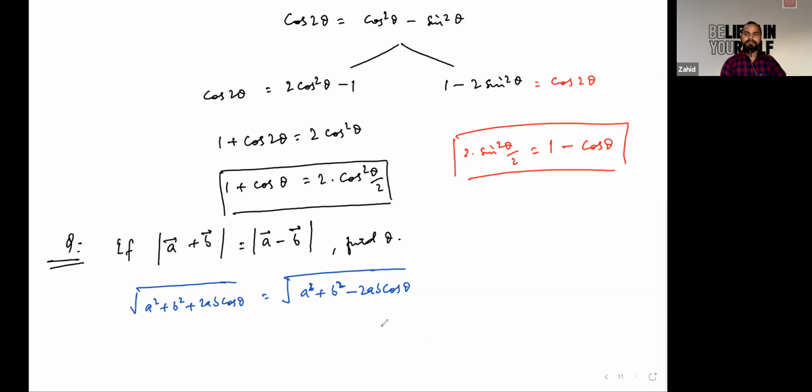Should I solve this? Or are you all solving? Mariam? Just square both sides.